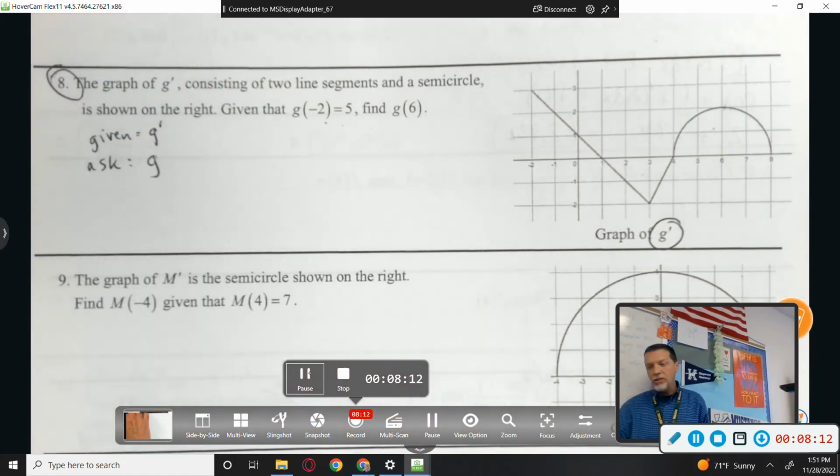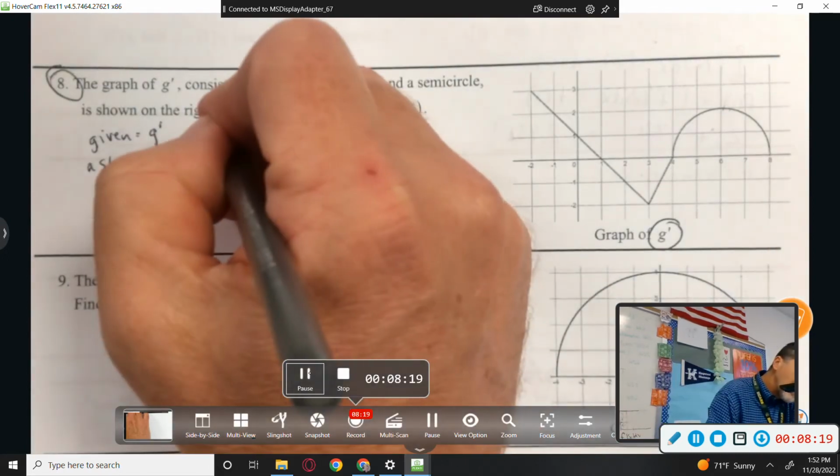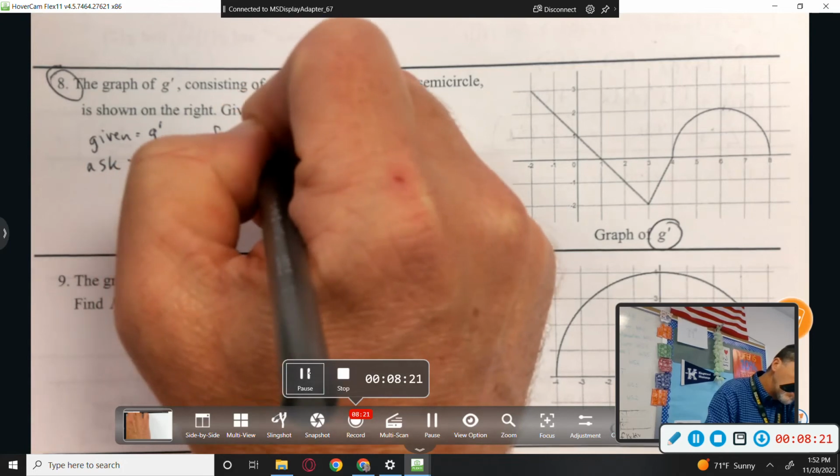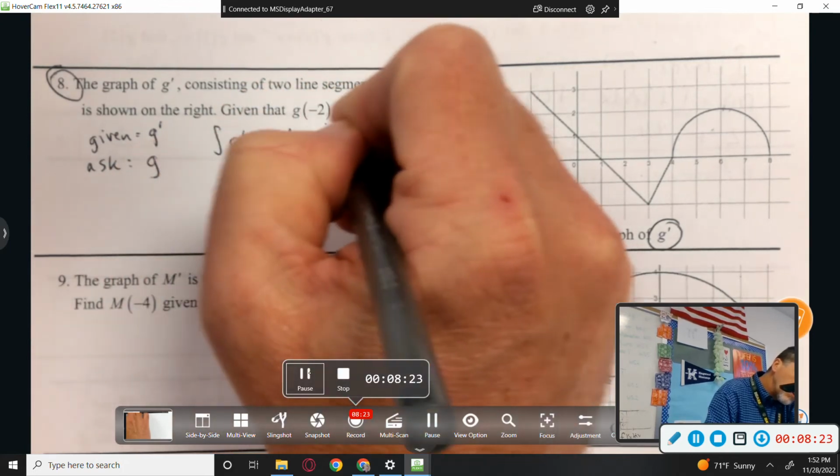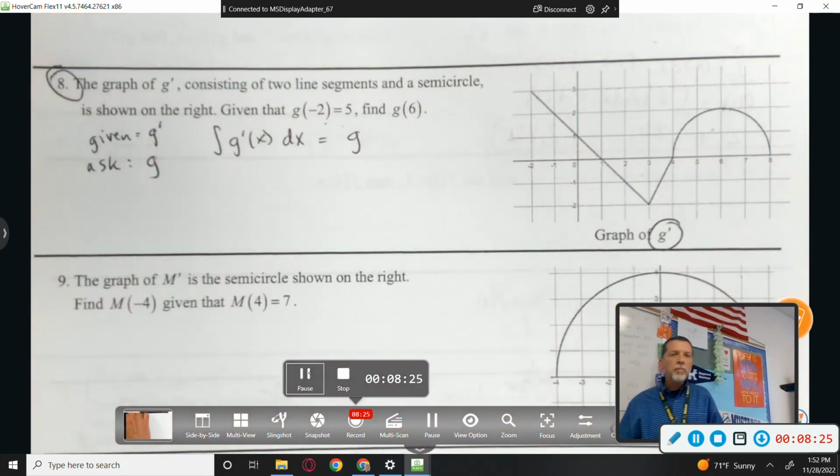So if they give you G prime and they're asking about G, what do you have to do? Take the antiderivative. The antiderivative of G prime will get me something with G: G of 6 minus G. And now I need to be careful about, is it a plus C problem or is it a definite problem?